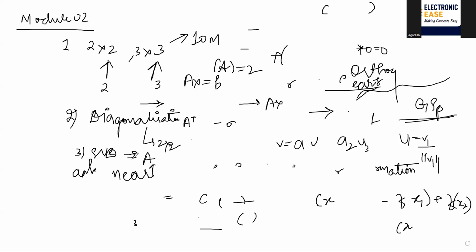After that, the fourth topic is the positive definite matrix. If you get all the eigenvalues as positive, then you call that matrix a positive definite matrix. If you get a negative one, then you comment that it's not a positive definite matrix.